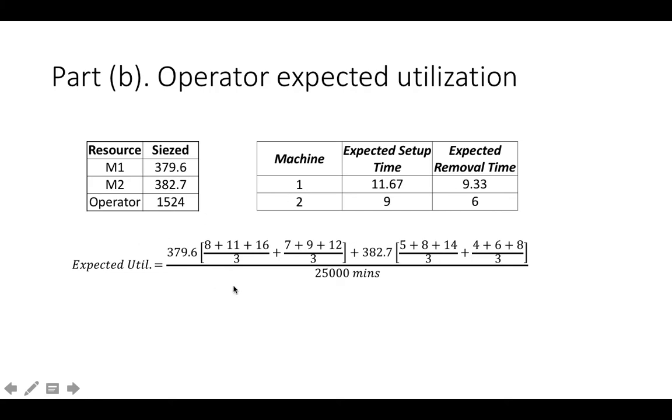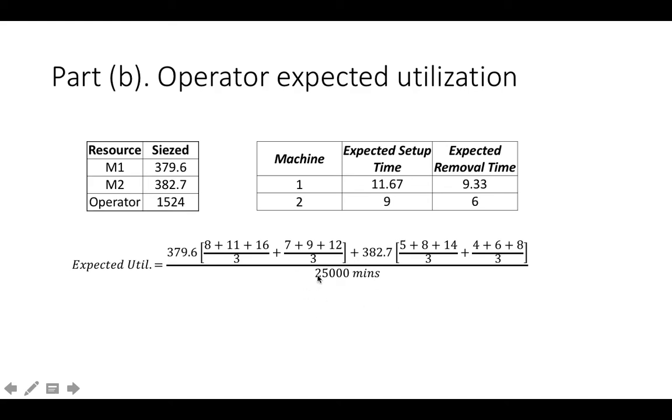So in this equation, the numerator represents the total amount of time that the operator is expected to be busy. It's an expected value because the processing times are expected values. Once we have the total amount that we expect our operator to be busy, we need to divide it by the total amount of time on which the operator is going to be available.